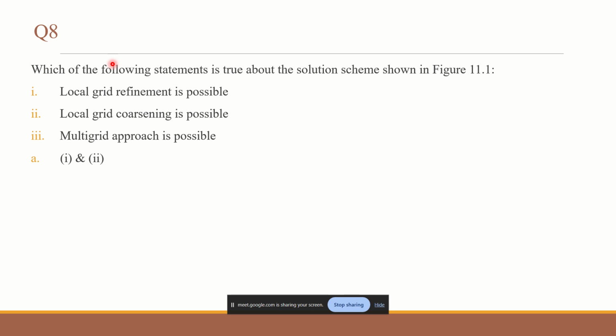So we will see the options. Option A is 1 and 2. Option B is 2 and 3. Option C is 1 and 3. Option D is 1, 2 and 3.